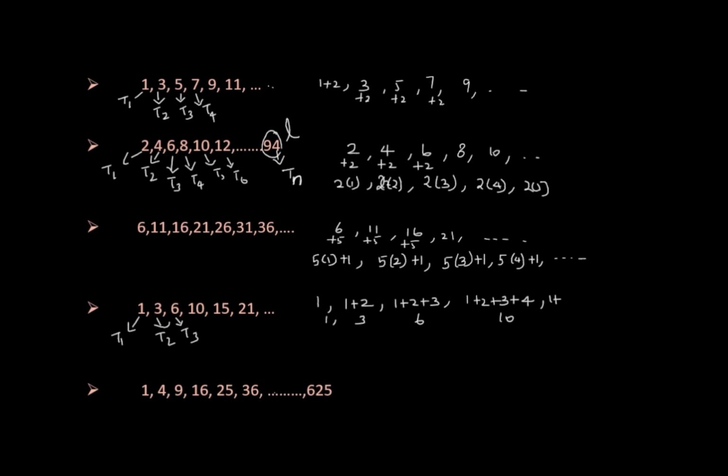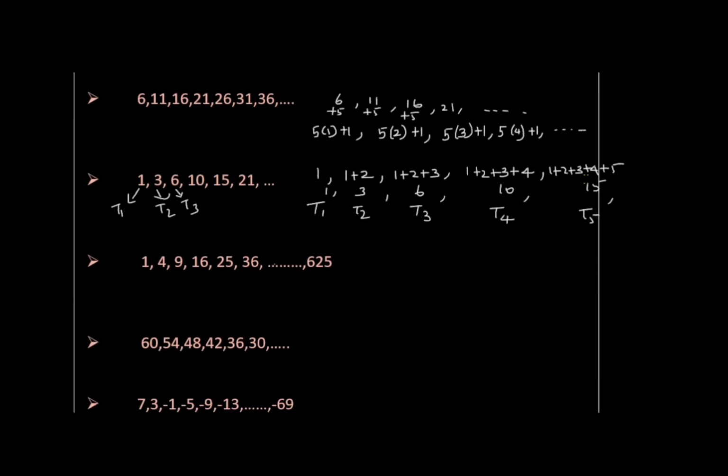Then 1 plus 2 plus 3 plus 4 plus 5, we get 15. So like this, the numbers are developed. That is, T1 is the first number, T2 is the sum of the first two numbers, T3 the sum of the first three numbers, T4 the sum of the first four numbers, T5 the sum of the first five numbers. Like this we got the numbers.